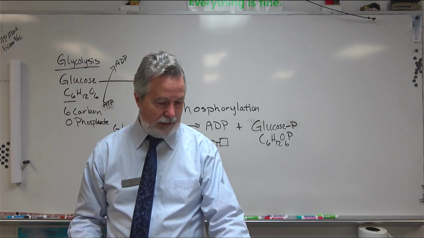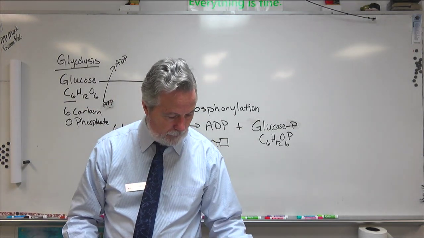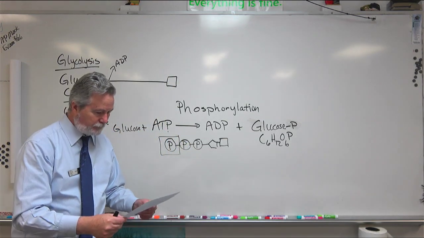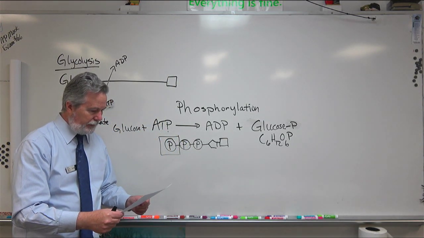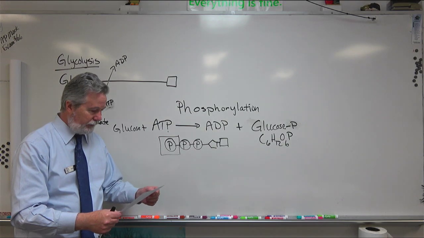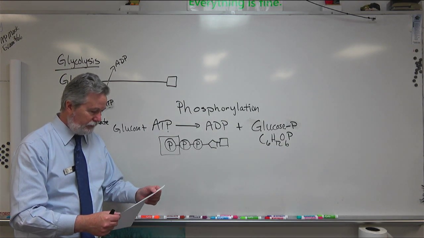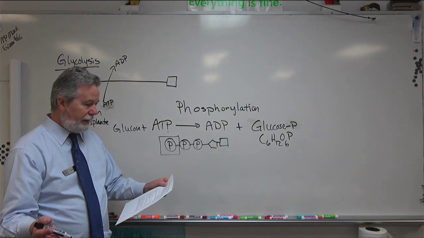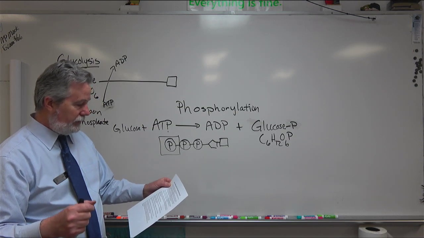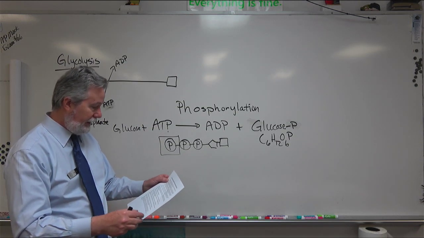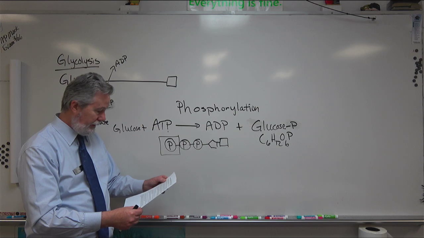So on your study guide for cellular respiration, series of enzymatic reactions that utilize electron carriers to synthesize ATP. We'll get to that. We're going to get to number 2 today.